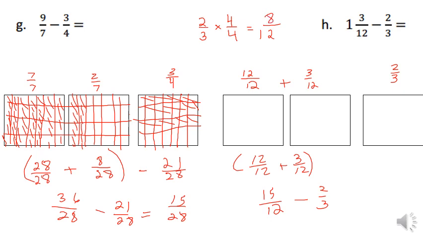So 2 thirds would actually be equal to 8 12ths. So 15 minus 8 would be 7, and the denominator stays 12. Our answer is 7/12. This is what we want to get to, is using the abstract. As you can see, once you get up to very large new denominators, the models become very difficult.